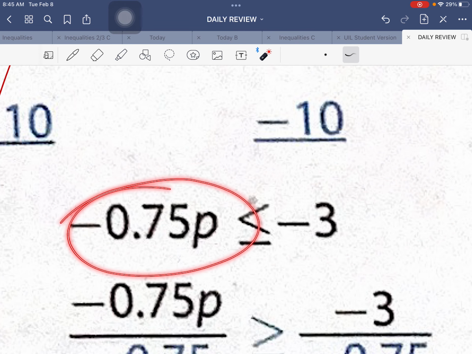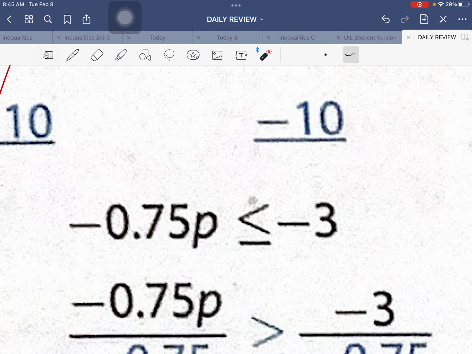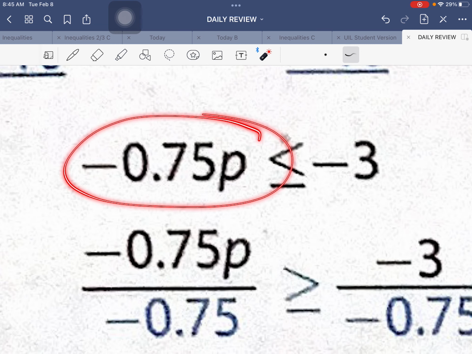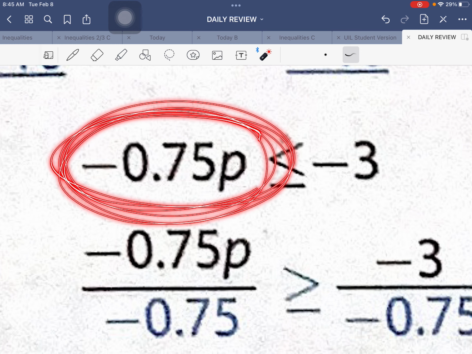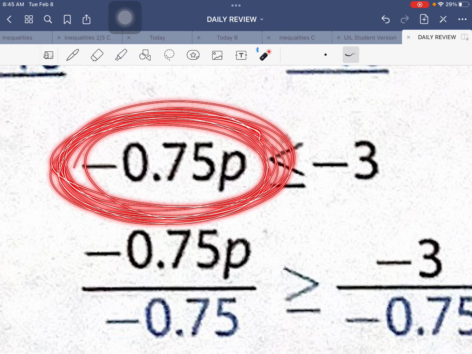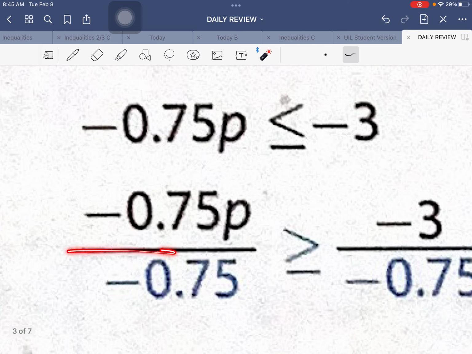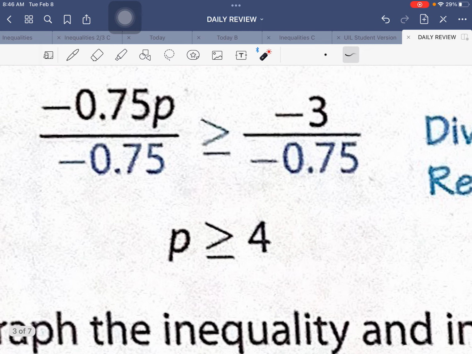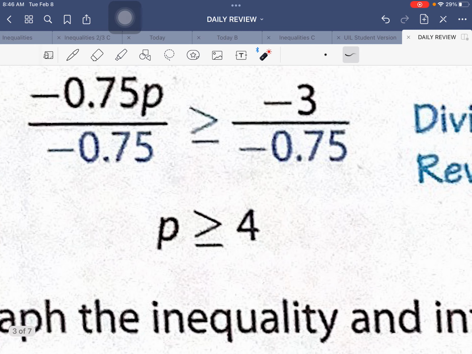What are these two doing? They're multiplying. What's the opposite of multiplying by negative 0.75? Dividing by 0.75. The good thing is they already did it for us, because dividing with decimals is usually a little bit of a hassle, but they did it for us.